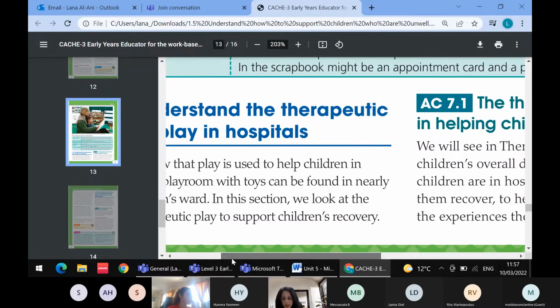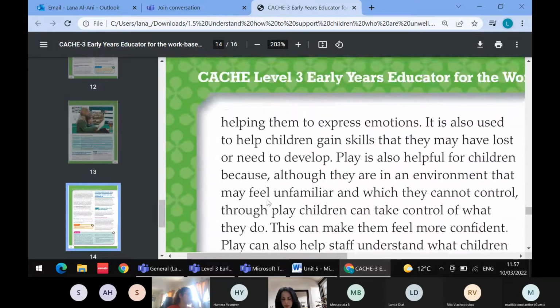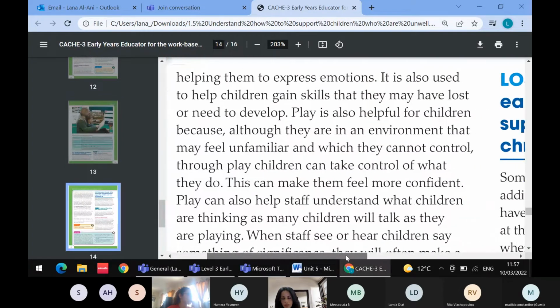Playing is very important to relax them, to make them less anxious. It helps them to express their emotions. It is also used to help them gain skills and develop any needs they have.